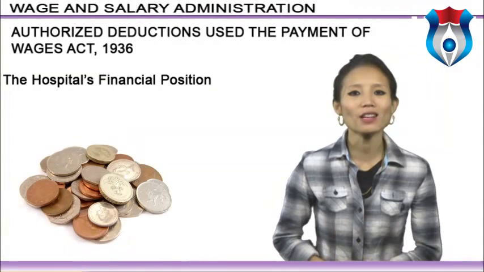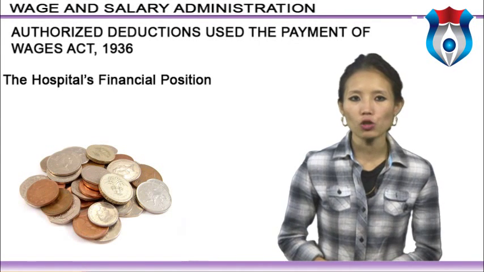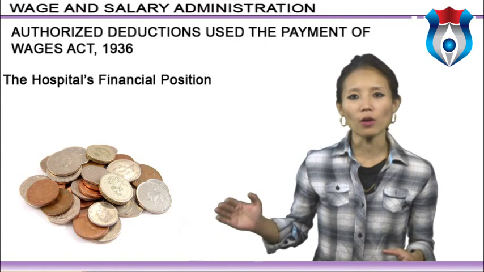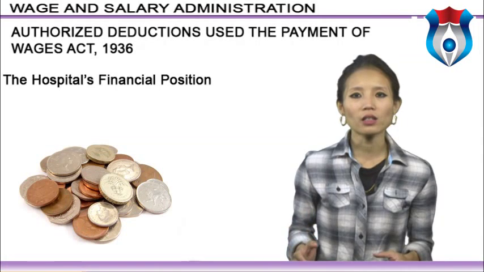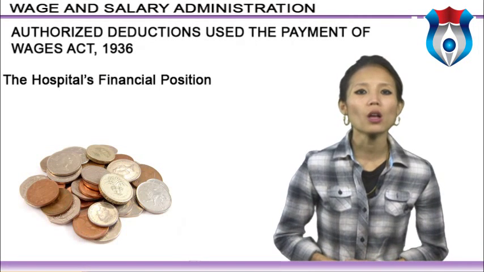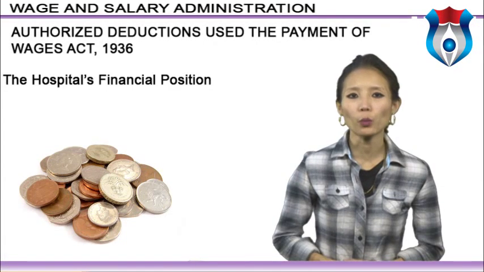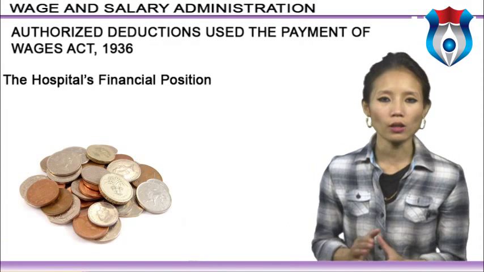The hospital's financial position. The hospital financial position is a major factor in the establishment of a wage and salary plan. It obviously imposes a limit on the payroll costs which the institution can incur. The following factors should be considered in connection with this problem. One of the major objectives of a wage and salary study is to create the proper relationship among the positions in the hospital.